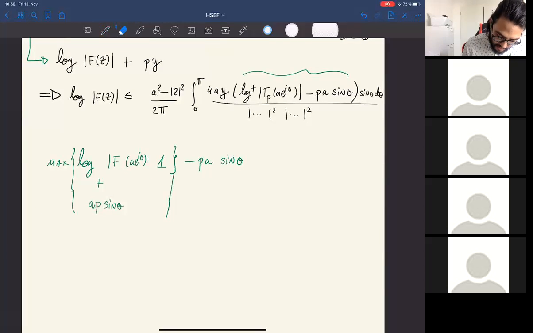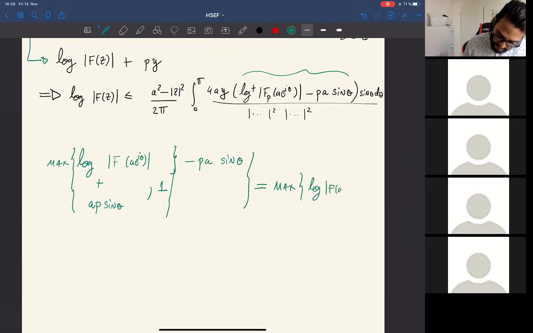Okay, so the maximum between this sum and 1, okay, but this is exactly the same term here, so I can add this minus term inside the maximum, so that the whole thing here will be equal to the max of the log of f of a i theta and minus p a sine theta.